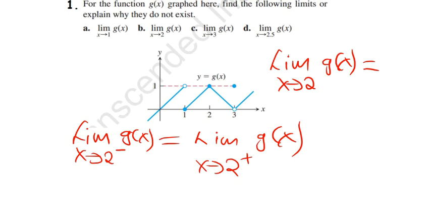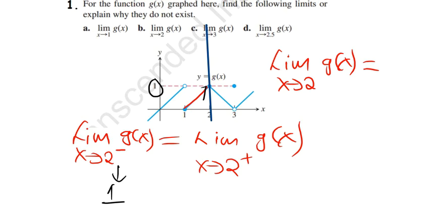So as we are approaching that point from the left side, the value of y is becoming 1. So from the negative side it's 1.